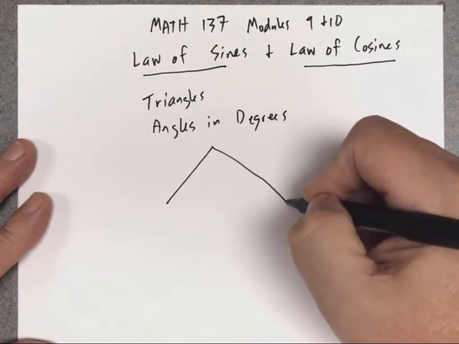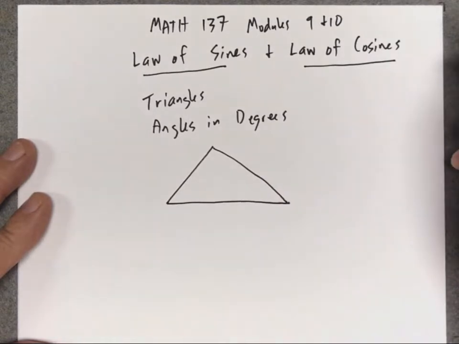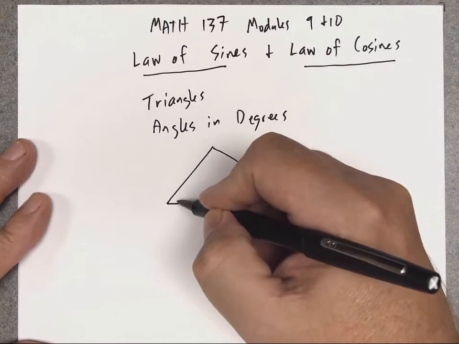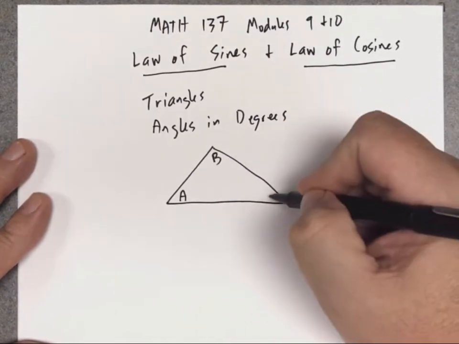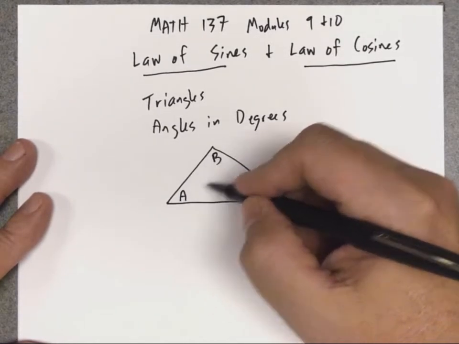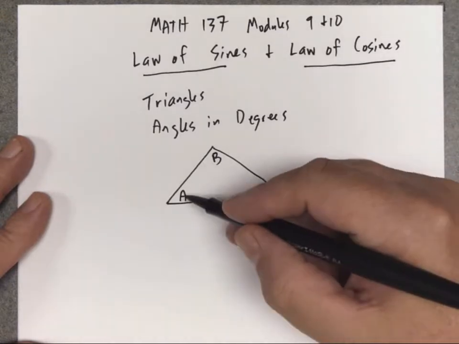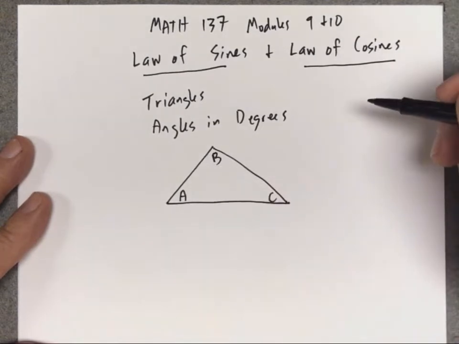So here is a standard notation that you're going to find in your book. First of all, of course, three angles. If we use capital letters, that indicates the angle. So capital A is the angle of this angle, B is the angle of this one, C. There are really 6 parts to this triangle: 3 angles, and then 3 sides.